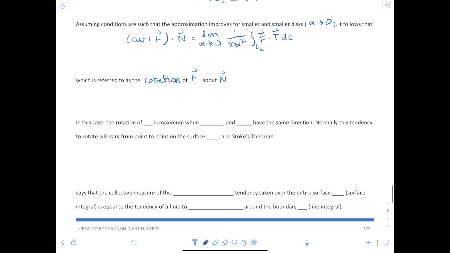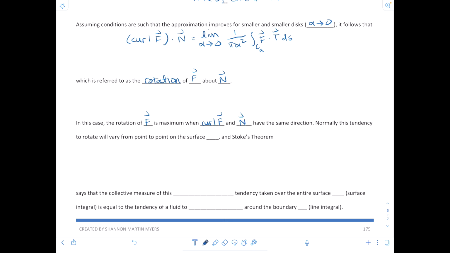Cool, cool? All right, in this case, the rotation of f is maximum when the curl of f and n have the same direction.